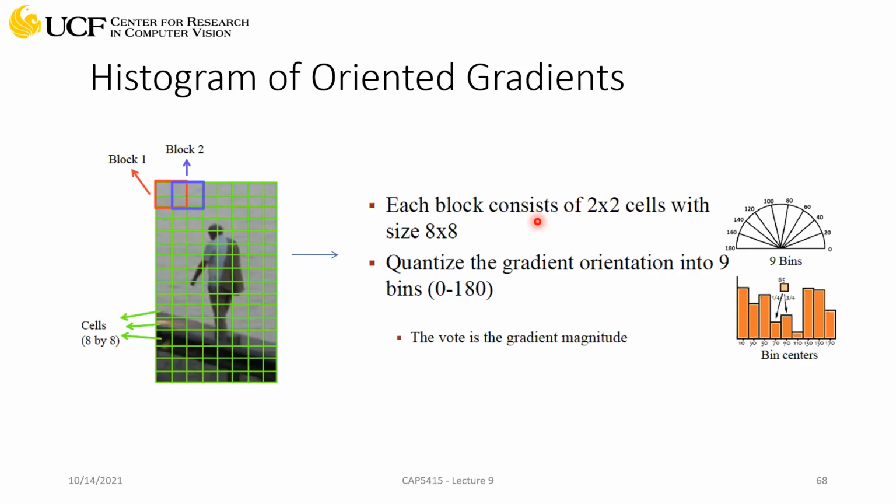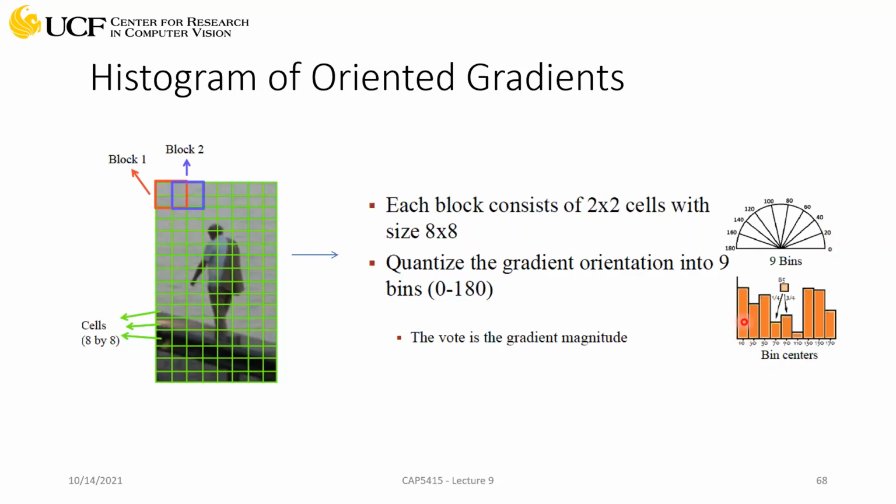Right. Okay, so let me give you a very concrete example. Let's say your angle is 10 degrees, right? So 10 degrees is in the first bin, and let's say that particular pixel has a magnitude of 100. So we will put a value of 100 in this first bin over here.